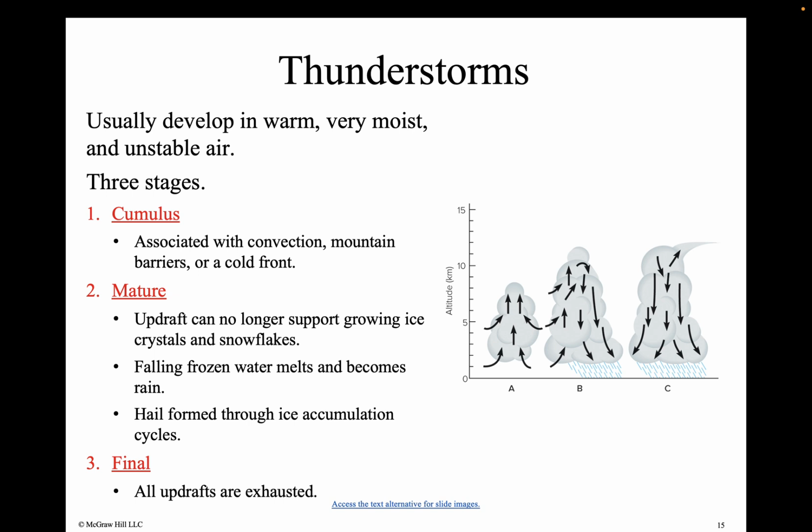So this stage happens when the warm and moist air is lifted, and that air movement is only upward, as you can see in my figure A here in this graph. So this is the cumulus stage, and here you have the air mass moving upward only, and the air mass expands as it goes up because it's warmer, but then also as it goes up, it starts to cool down to its dew point, which is the point where it condenses, okay?